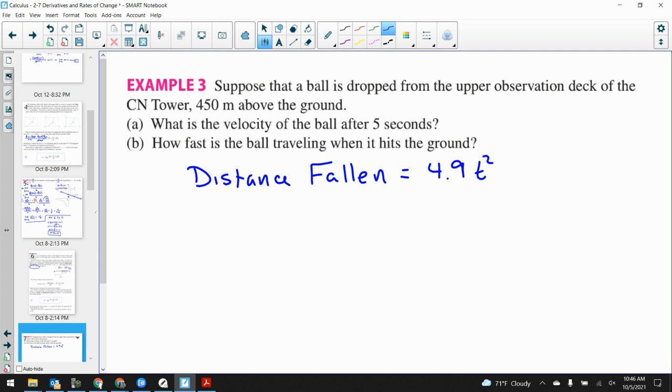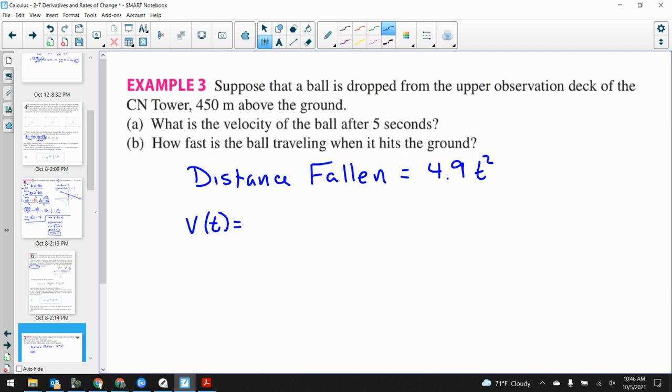I think it's negative 16 t squared or something like that. But this is meters per second, 4.9 t squared. So that is our initial equation. If f of t is equal to 4.9 t squared, then v of t, look, this is displacement, this is velocity.